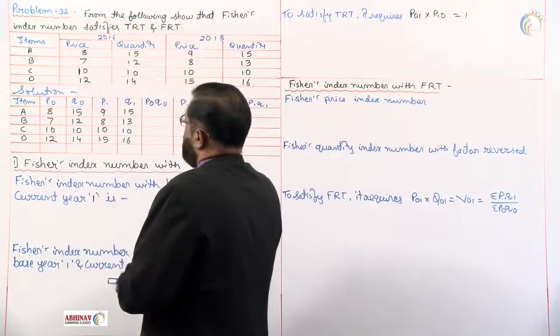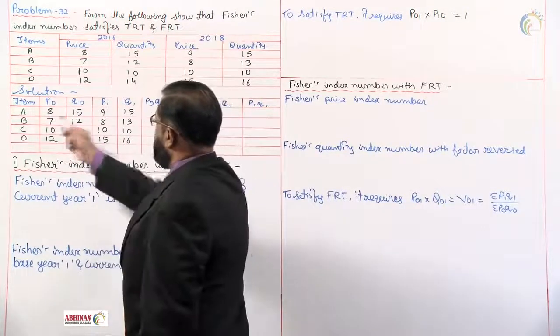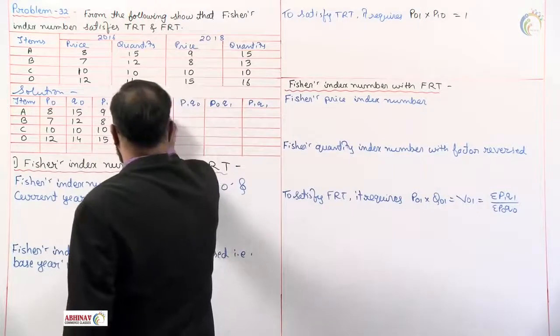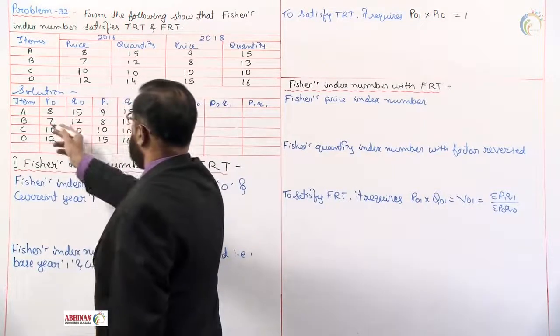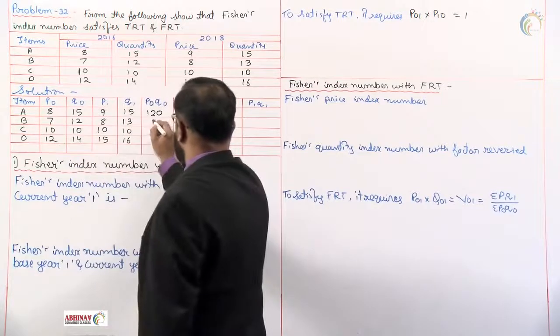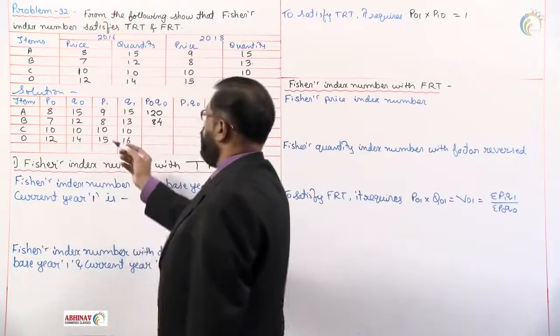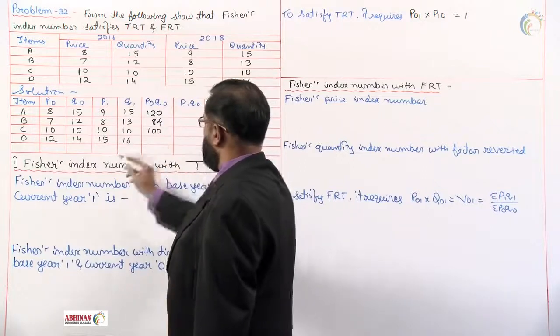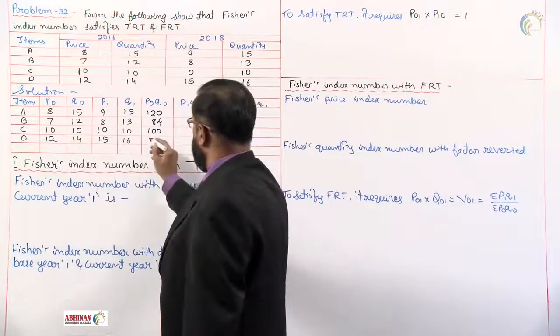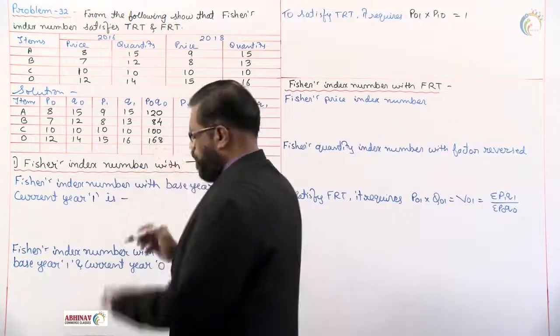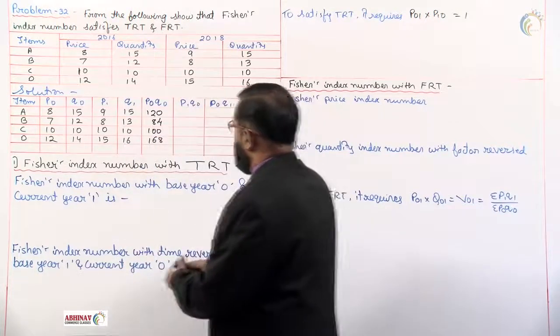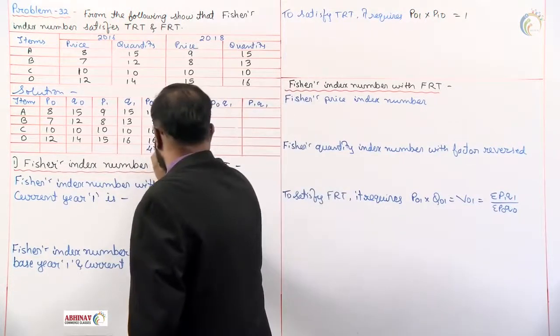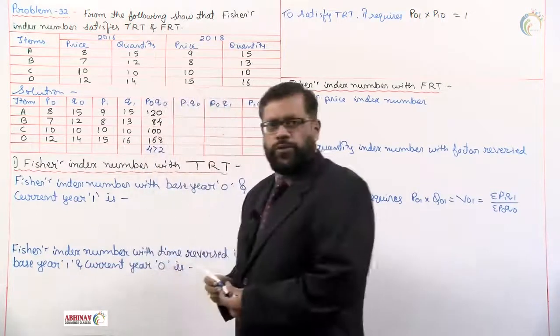P0 Q0: 8 into 15 is 120, 7 into 12 is 84, 10 into 10 is 100, 12 into 14 is 168, and the total of this comes to 472.